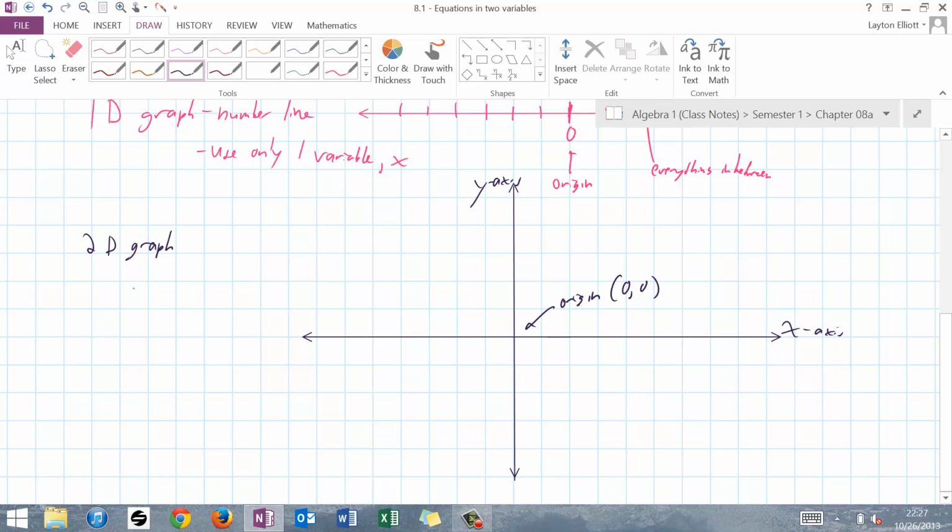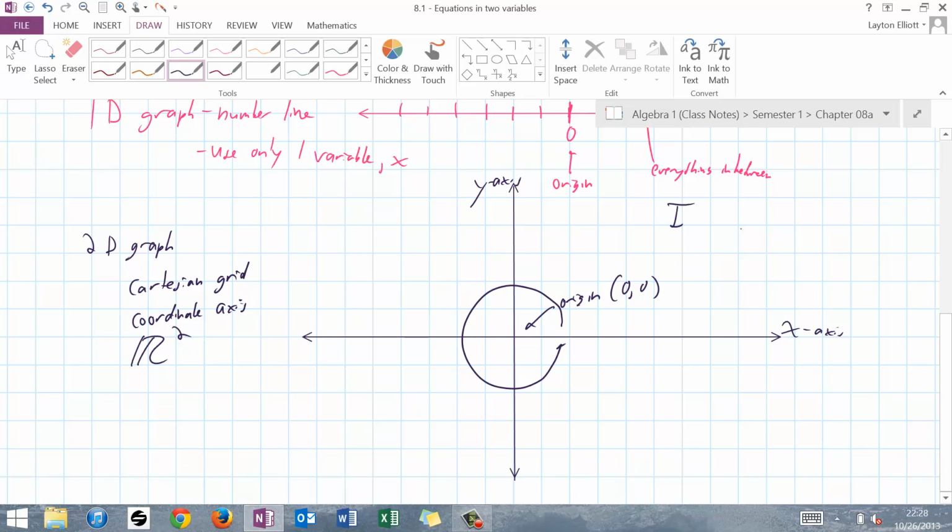This 2D graph has a more common name. It's called the Cartesian grid, or we can call it a coordinate axis. I'll have a line graph tool for this that will make it a little bit easier to do. Instead of the real numbers, it's actually the real numbers squared, what higher mathematicians call R2. And we look at this in a counterclockwise way. In this order, we label the regions.